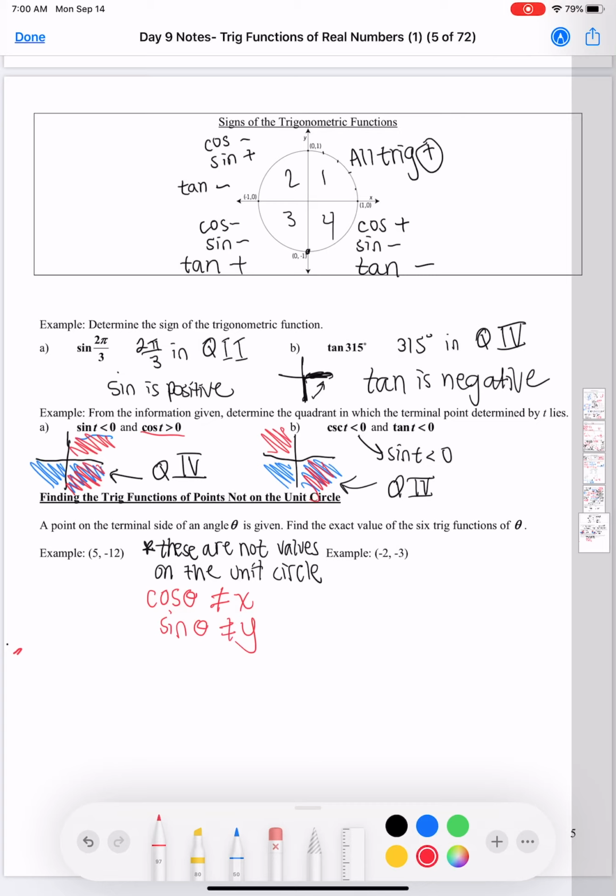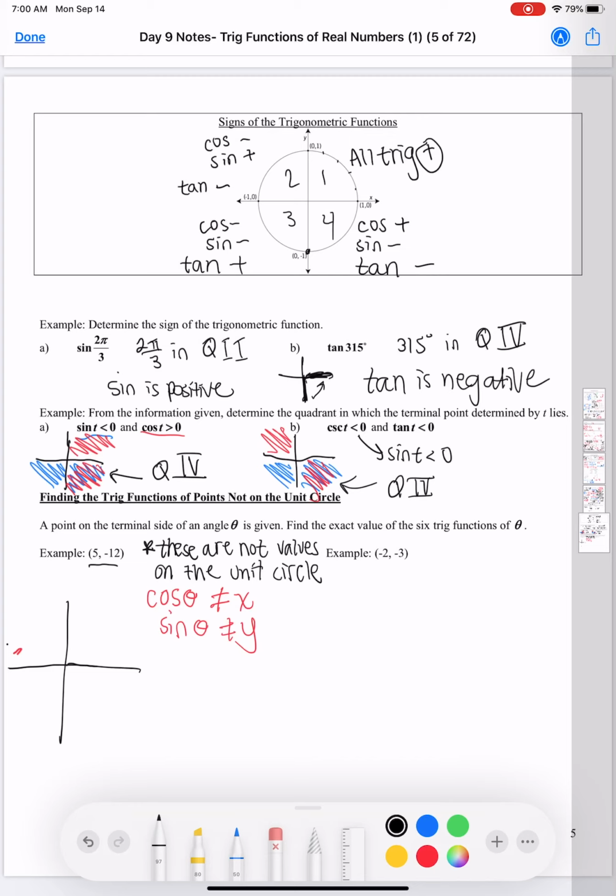Okay, so we're going to have to use another strategy to figure out what these are going to be. Okay, so if you do not have a point on your unit circle, the first thing that you should do is draw a triangle. All right, so looking at my point, I see that I have 5, -12.